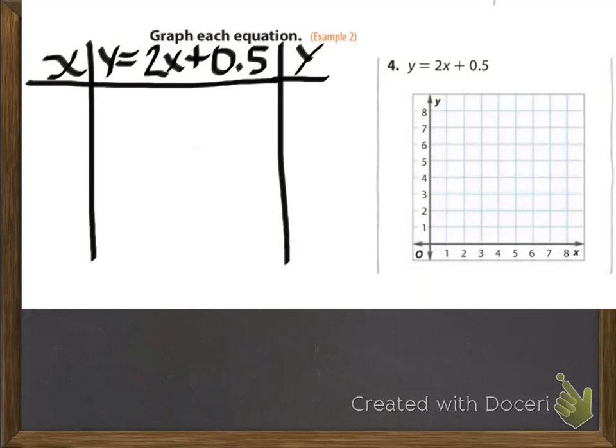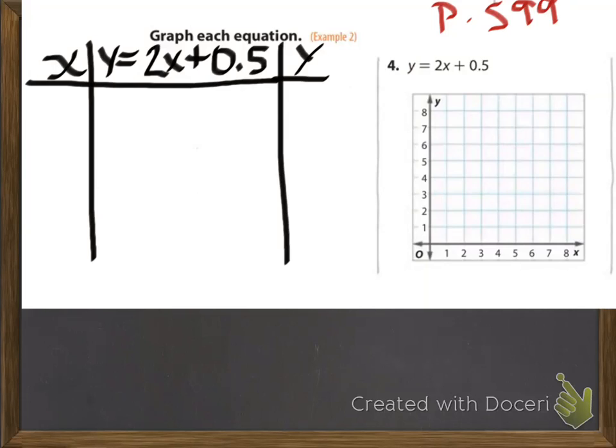Okay, we have question number 4 from your homework tonight on page 599. This is assigned homework question number 4. 2x plus 5/10, a half. Okay, written as a decimal.